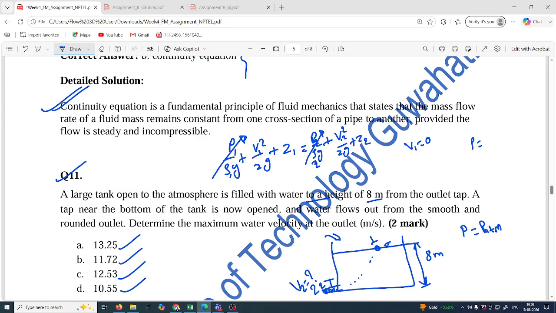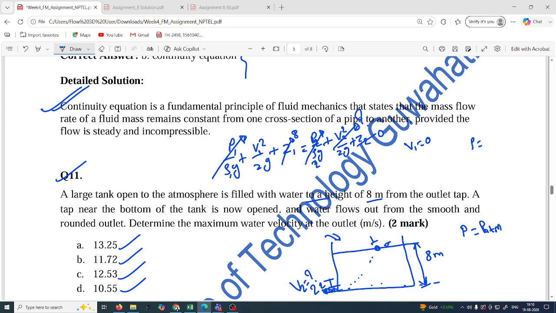And Z1, if you take the datum here, is 8. Now what is V2? You need to calculate this, it is the unknown. And Z2 is 0 because you are taking the datum at location 2, at the level of 2.